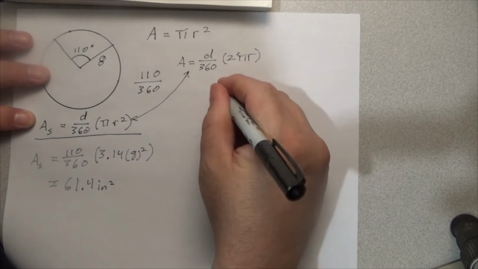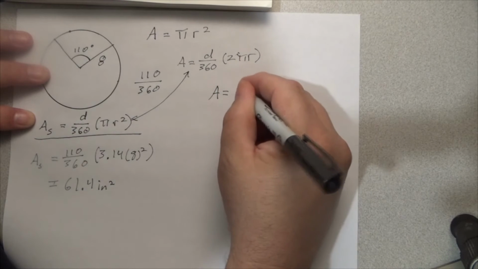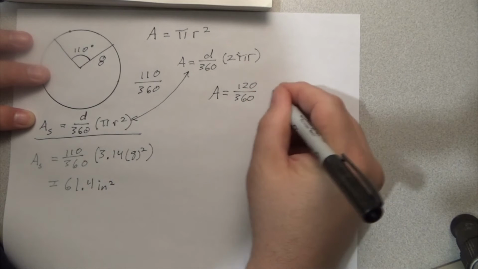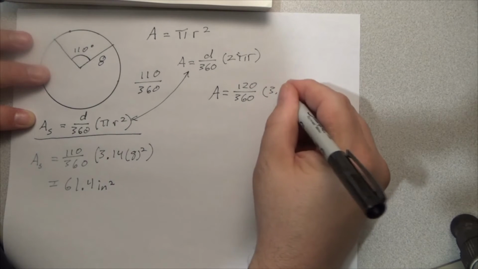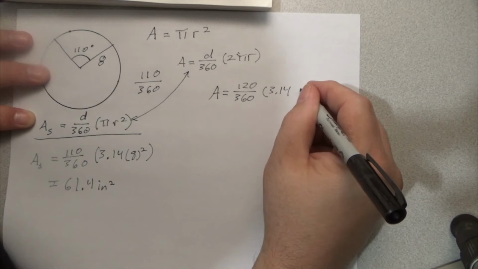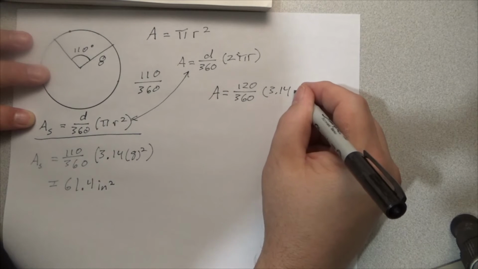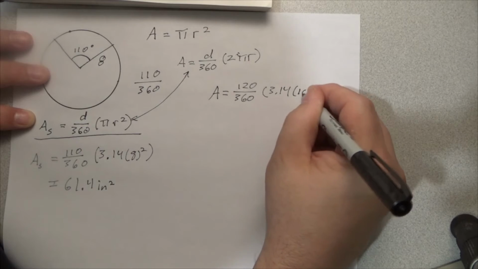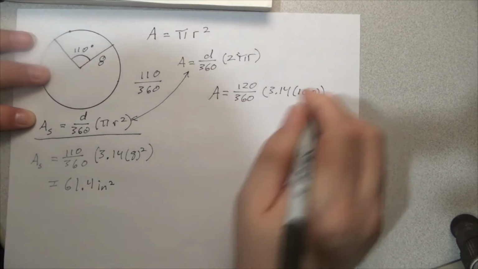So that area is going to equal 120 over 360 times 3.14 times 10 squared, which is going to be 100.